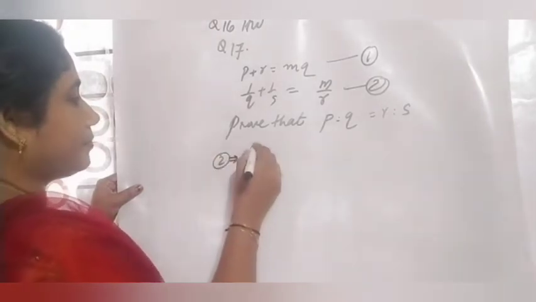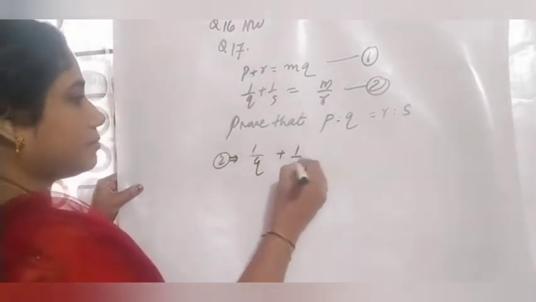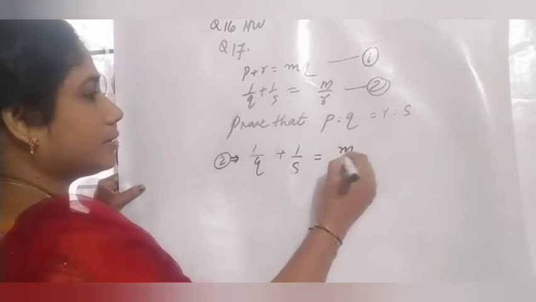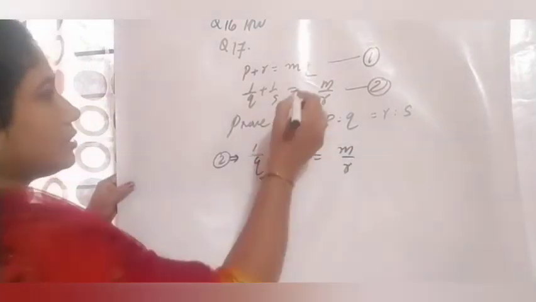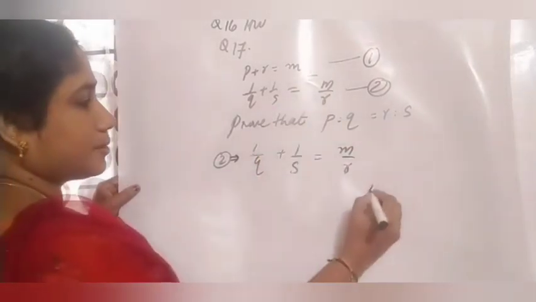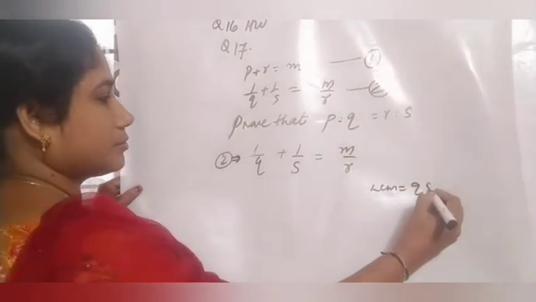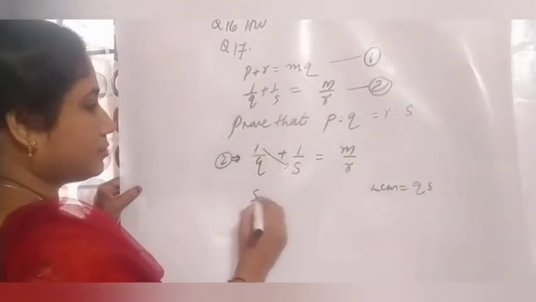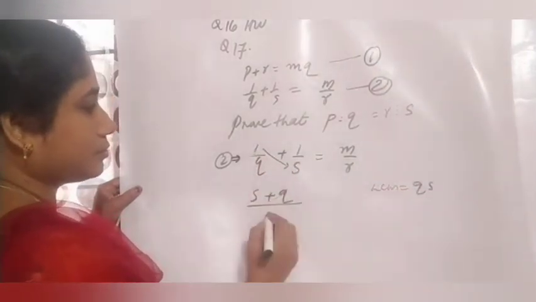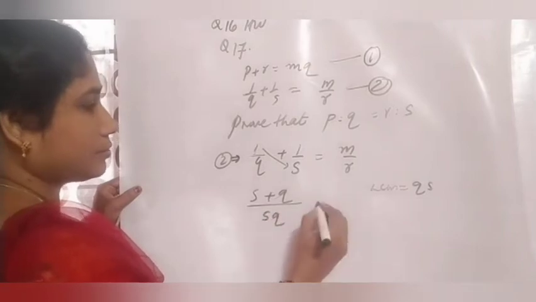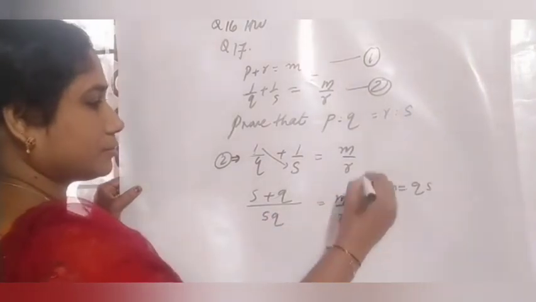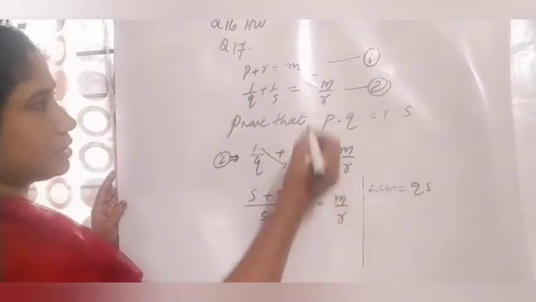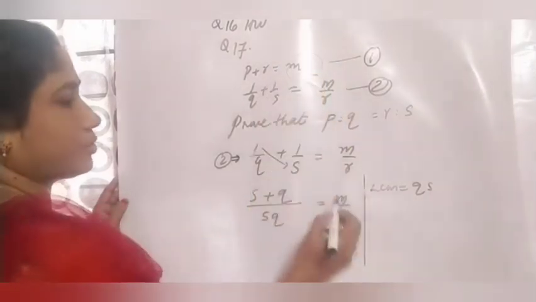The second equation implies 1 by q plus 1 by s equals m by r. Take the LCM on the LHS, qs. So s plus q by sq equals m by r. Now this mq you can see, no?